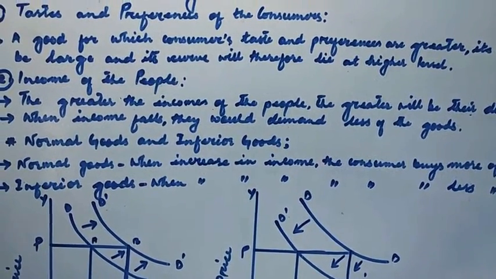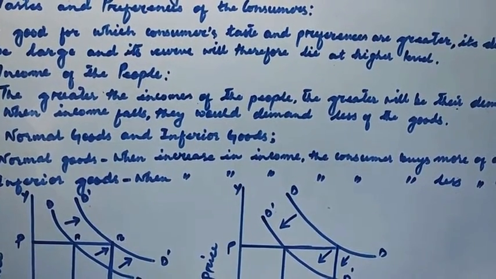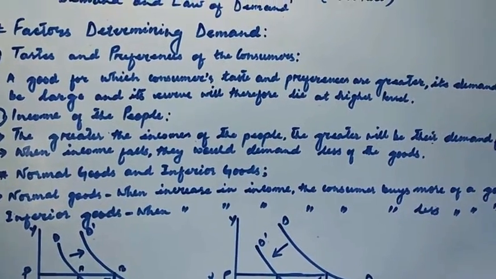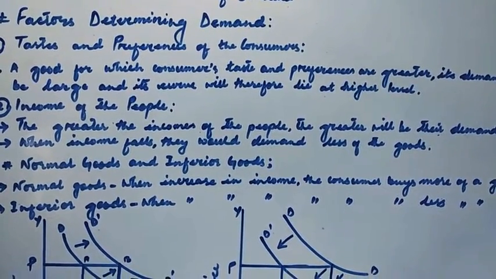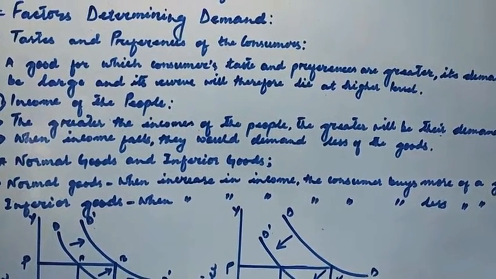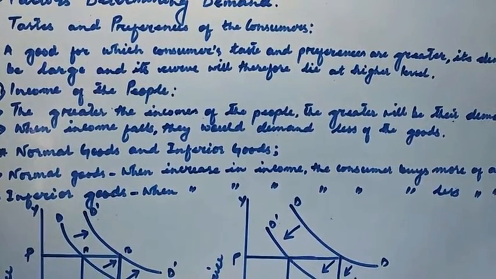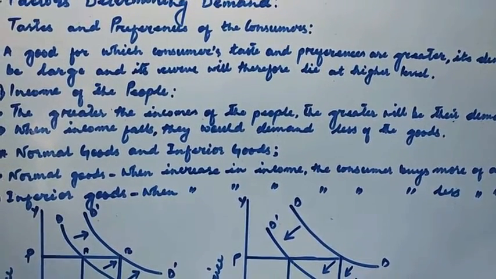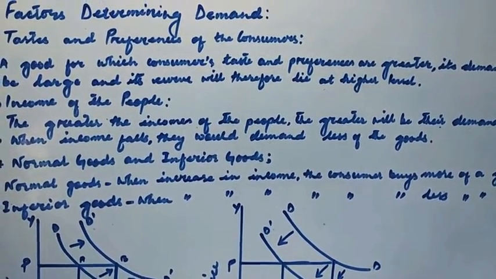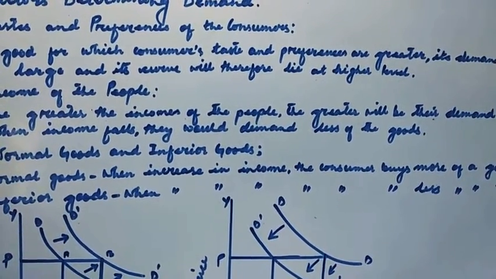We have seen that when there is a change in these other things, the whole demand schedule or the demand curve changes. So we have discussed the movement along the demand curve and the shift in the demand curve, that is, extension or contraction of the demand, because the other things which can influence the demand have changed.